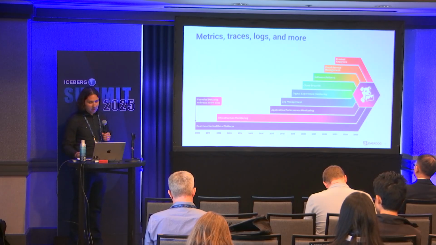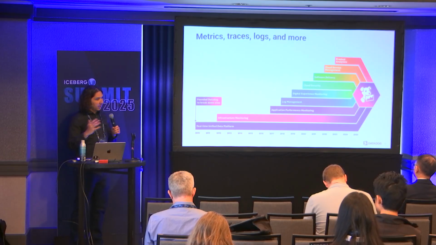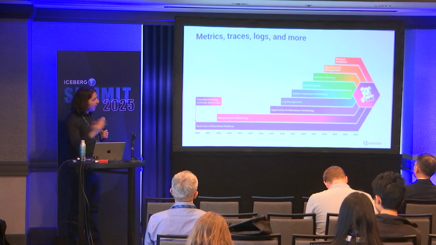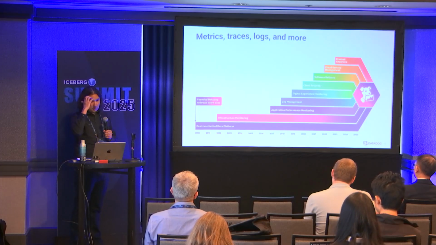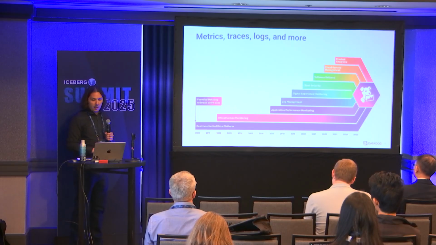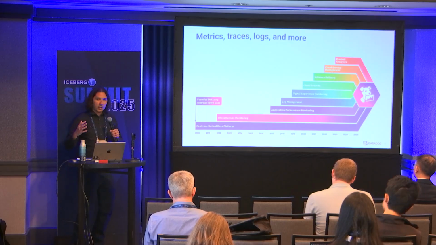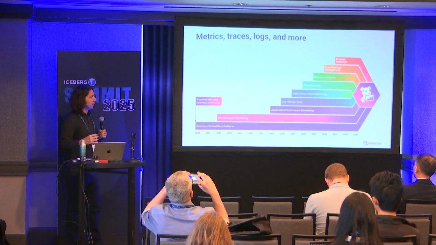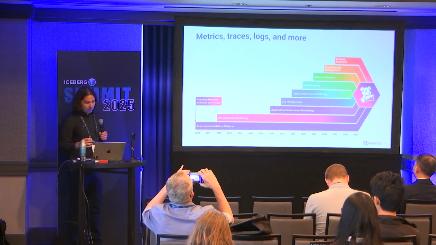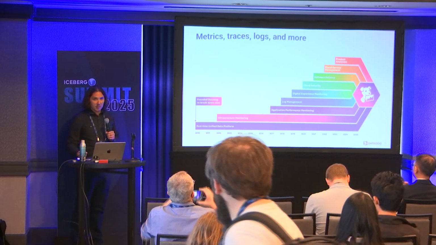Maybe it would send you a page. For the initial years at Datadog, they were scaling this metric system. And then after that, they added APM, which is like distributed tracing. And then they added logs into the product as well. At that point, the three pillars of observability were metrics, traces, and logs.